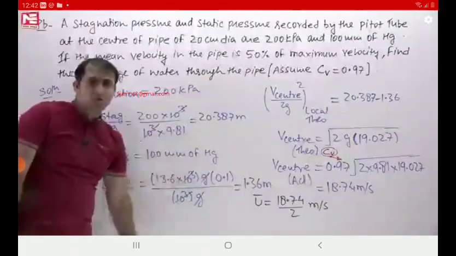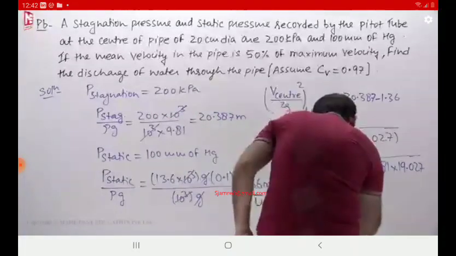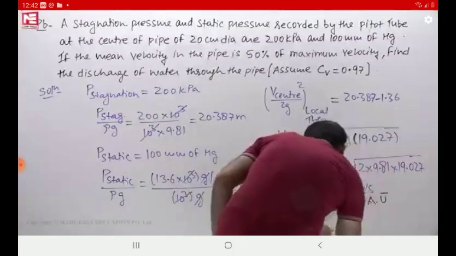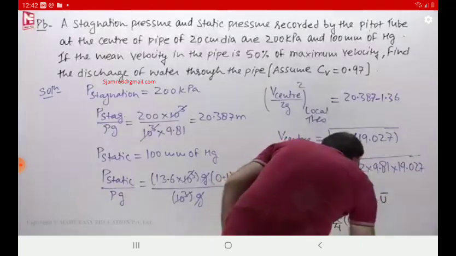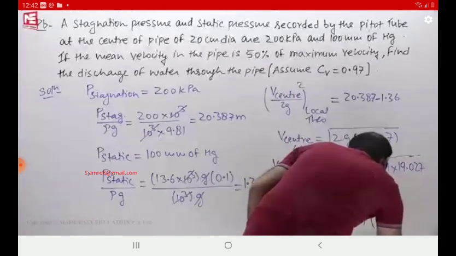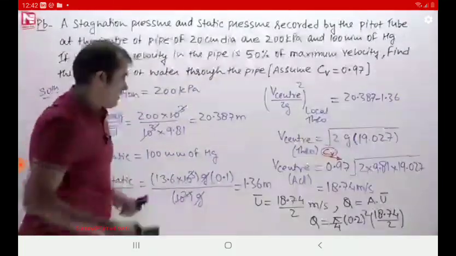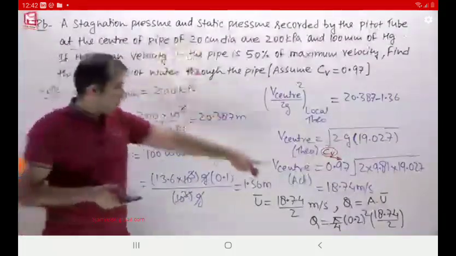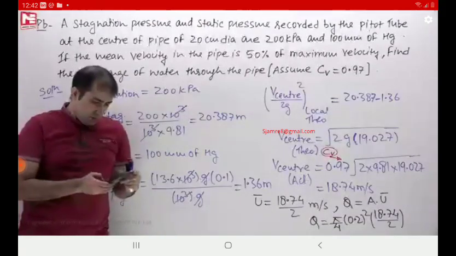मैं क्या सॉल्व करूं, उसको डायरेक्टली यूज कर लूंगा to calculate the value of discharge, and the discharge formula is what, Q is equals to area multiplied by mean velocity. So बच्चा Q is equals to pi by 4 d square, this is 0.2 square multiplied by 18.74 by 2. Diameter they have given now 20 centimeter.